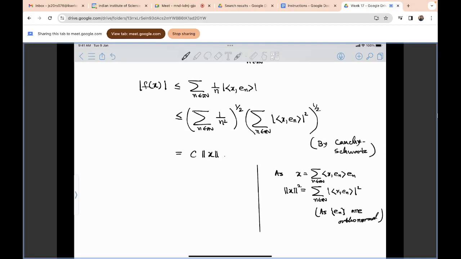So we have got that mod of f(x) is less than or equal to c times the norm of x, and this is true for all x.